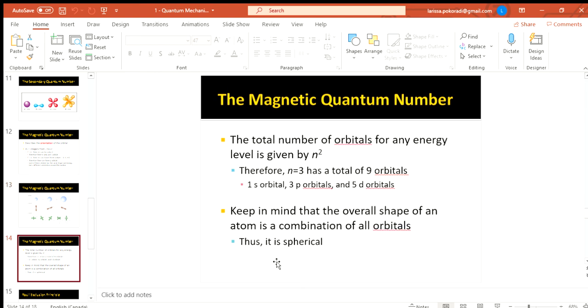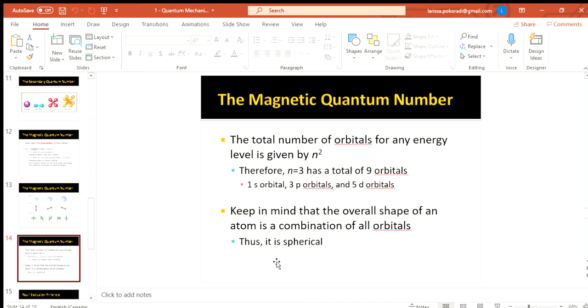So magnetic quantum numbers, let's learn a little bit of math as to know how many different orbitals we might have at any given energy level. This won't pop up too often, but it's good background knowledge to have.